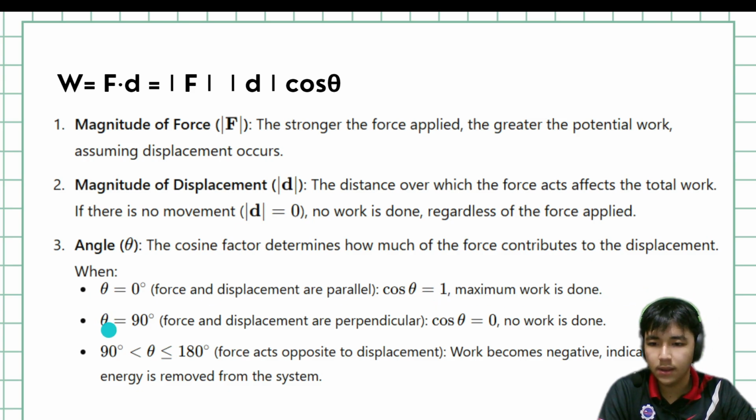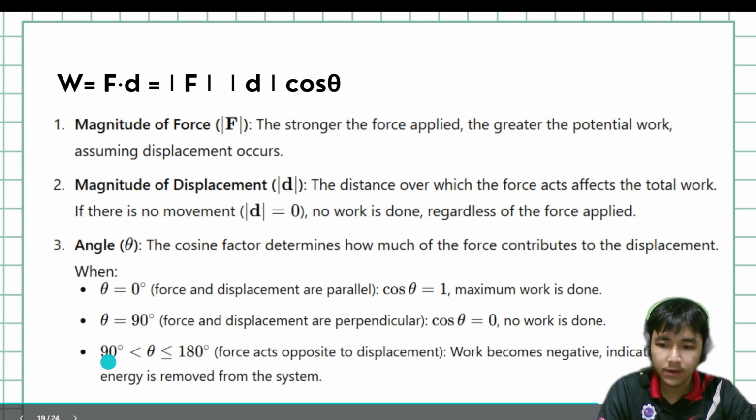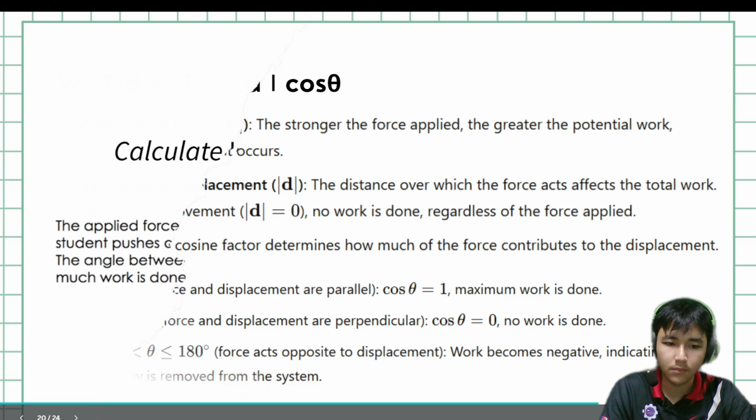If theta equals 90 degrees, force and displacement are perpendicular, cos theta equals 0, no work is done. If 90 degrees is less than theta, less than or equal to 180 degrees, force acts opposite to displacement. Work becomes negative, indicating energy is removed from the system.